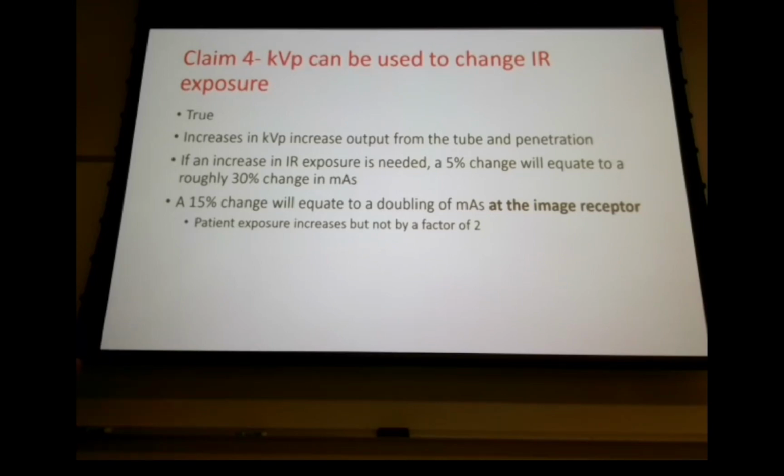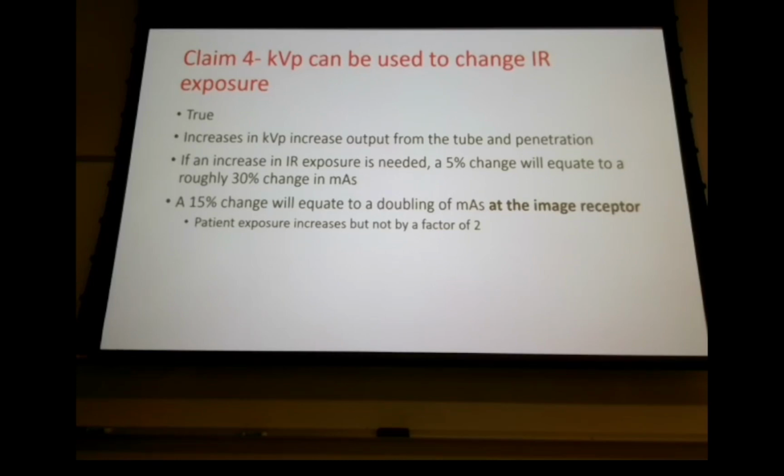So the other one, the baseline, it really doesn't apply anymore because it's such a minimal change on the image receptor, is 30%. So what is 30% in a percentage of a whole, in a fraction? What is that roughly? 33.3 is roughly a third, right? So what's a third of 15? 5, right.